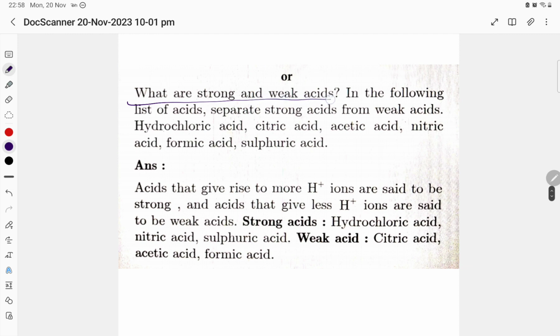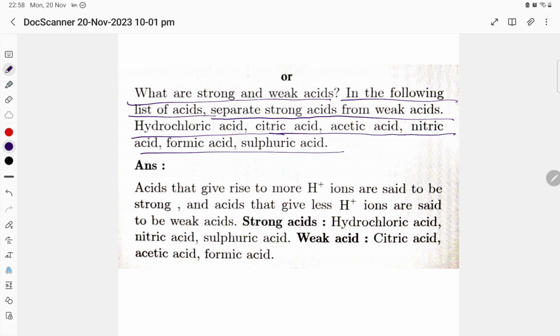What are the strong and weak acids? In the following list of acids, separate strong acid from weak acid: hydrochloric acid, citric acid, acetic acid, nitric acid, formic acid and sulfuric acid.